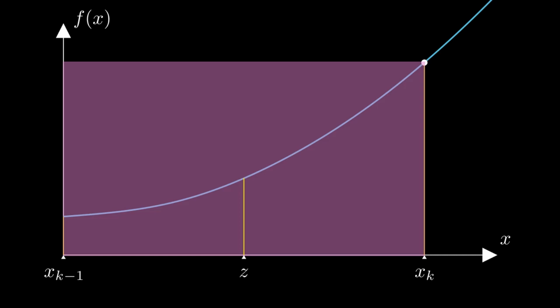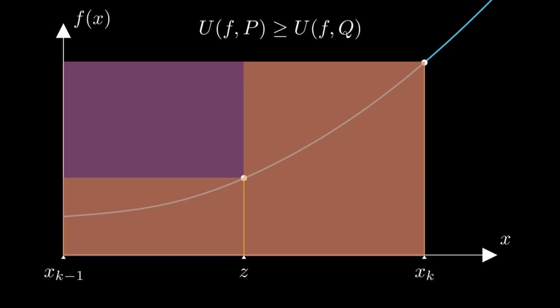Then we have two subintervals, and we will have to do the same process separately for these two subintervals, as part of computing the upper sum. One can clearly see that when we add the element t to the partition, the area of these two rectangles combined is less than the area of the first rectangle without the element t. This shows that when we form a refinement by adding t to the partition, the upper sum decreases.